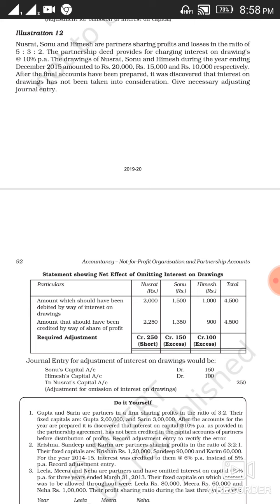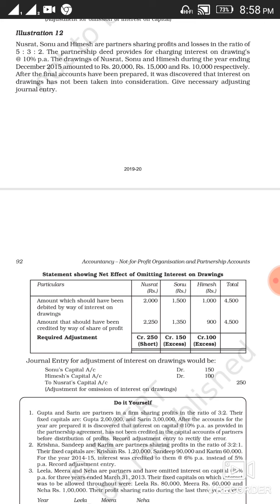For Nusrat it will be 20,000 into 10 by 100. For Sonu it will be 15,000 into 10 by 100. For Himesh it will be 10,000 into 10 by 100. So it's coming 2,000 for Nusrat, 1500 for Sonu and 1,000 for Himesh.